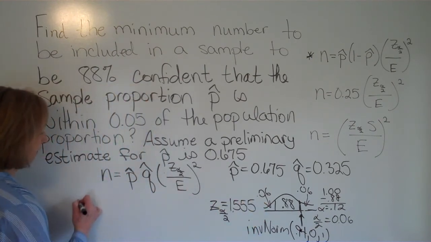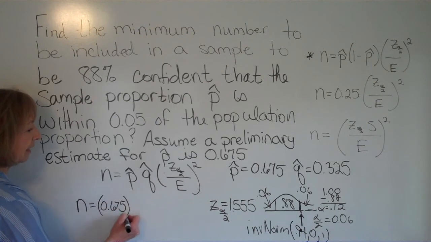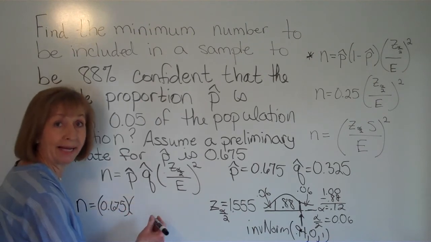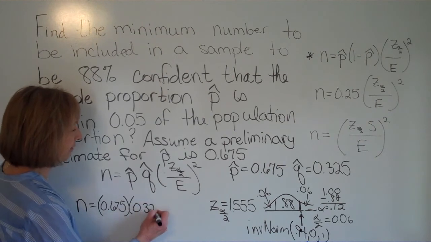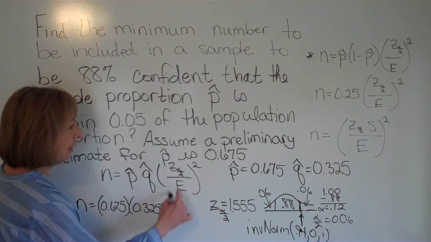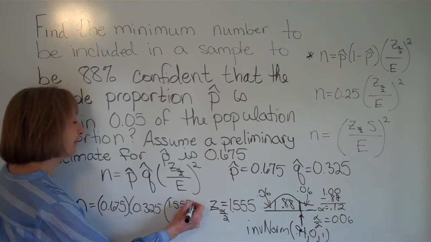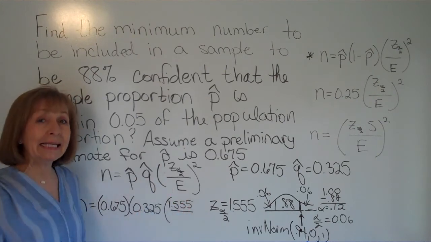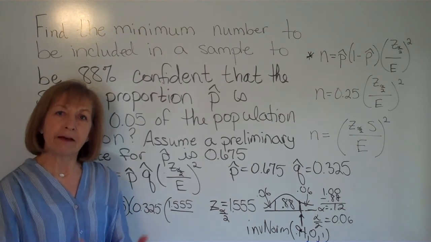So we have n is equal to, our p hat is 0.675. Our q hat, which is 1 minus p hat, is 0.325. Our z sub alpha over 2 is 1.555. And our E is in the problem, that's that margin of error that they have predetermined.